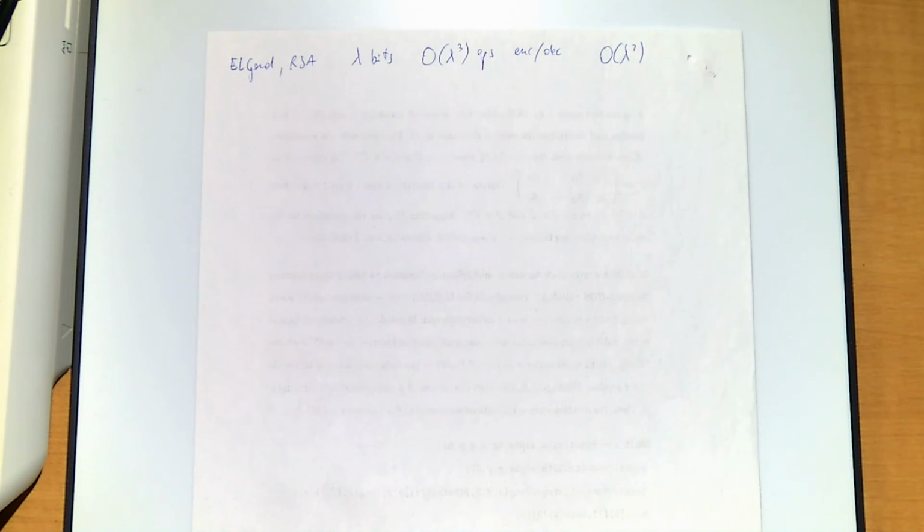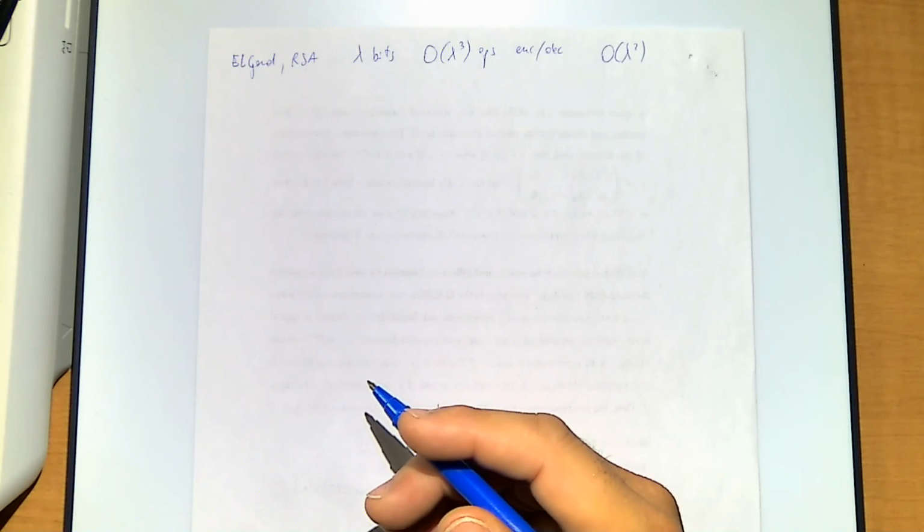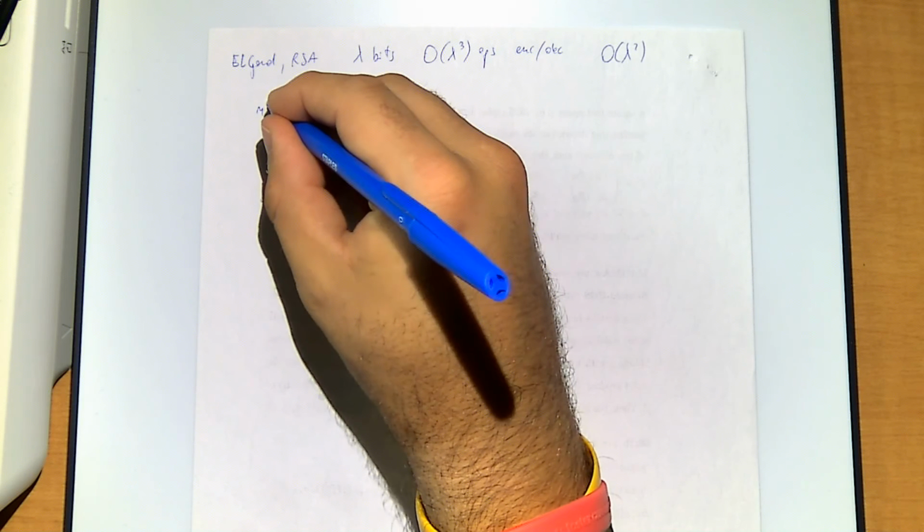The big speed advantage, but also a key sizing issue. The problem with this is that definitely in both McEliece's and this kind of example, the key is something like n squared, compared to RSA, for example.